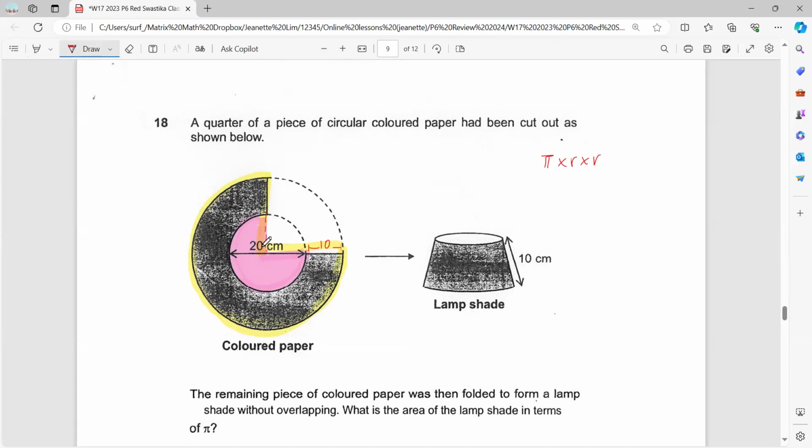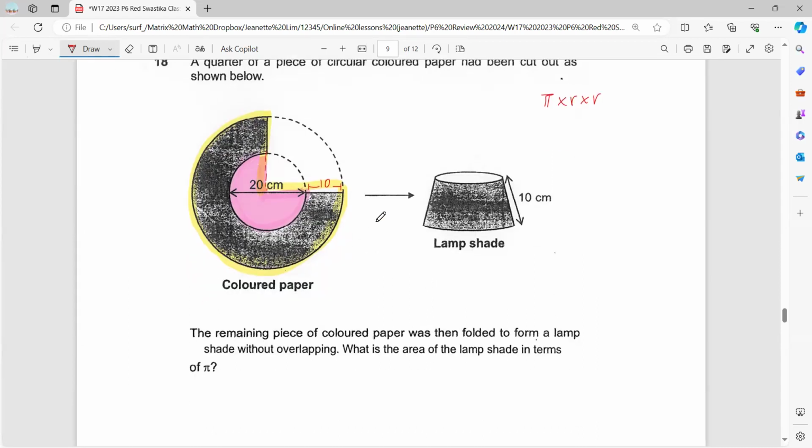Radius of this big 3/4 circle will be half of 20. This portion here, then plus 10. So the radius of the big 3/4 circle will be 10 plus 10.